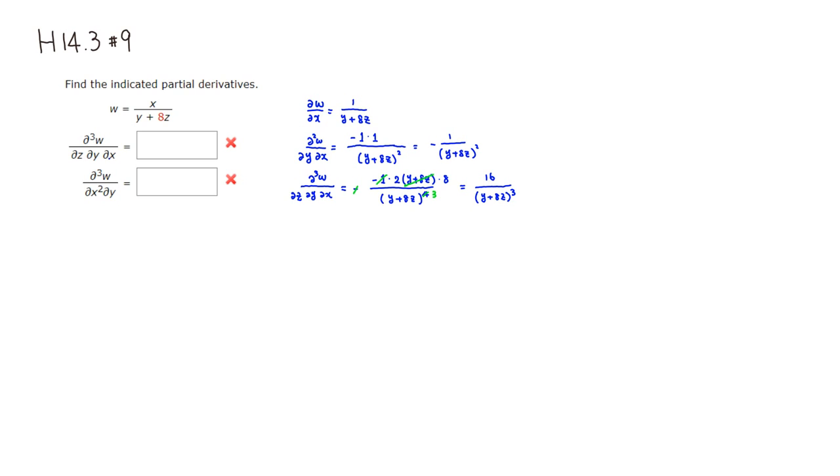Alright, so let's work on the second one. The first is a partial with respect to y. So we're going to have to take the partial of w with respect to y. So this is going to be equal to, let's take the quotient rule again. I'm going to square the bottom, so you have y plus 8z squared.